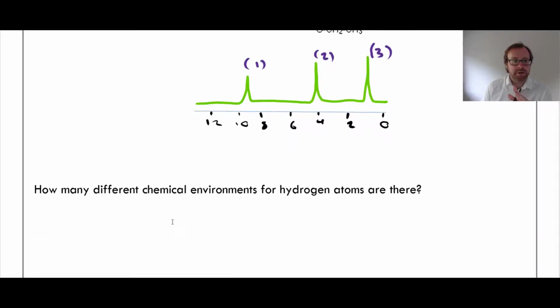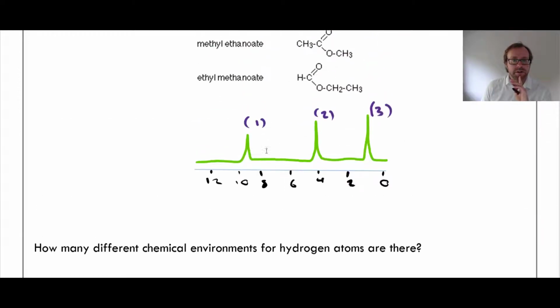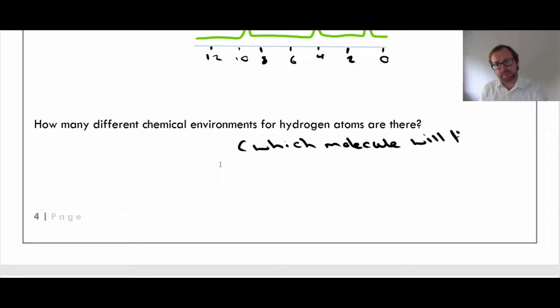Okay, so we'll have a look at the questions. You'll need to answer how many different chemical environments for hydrogen atoms there are. So you need to look at your NMR. I will give you a hint. Which molecule will this eliminate?